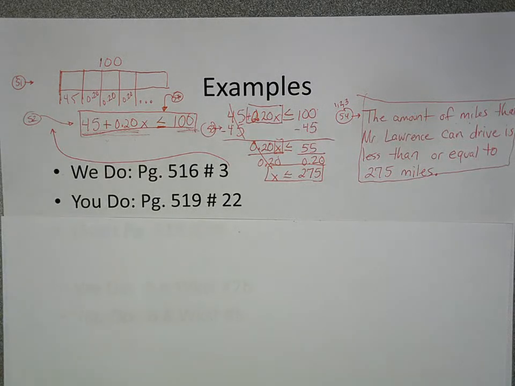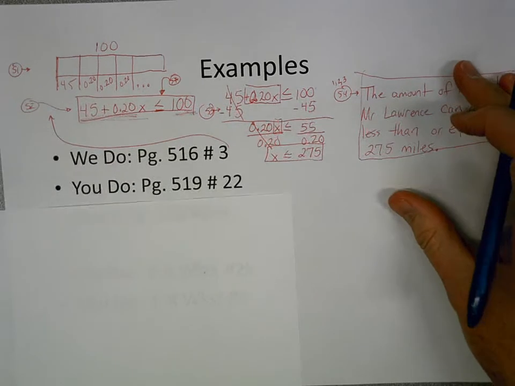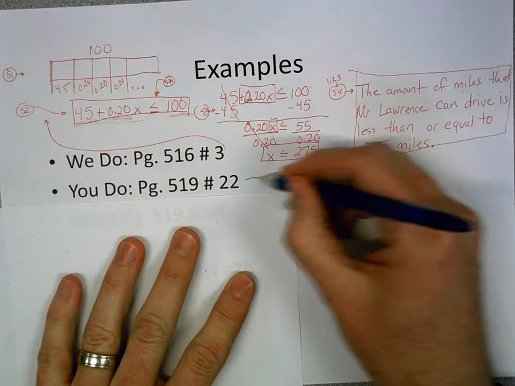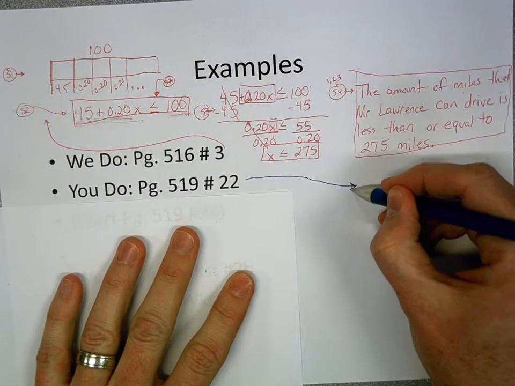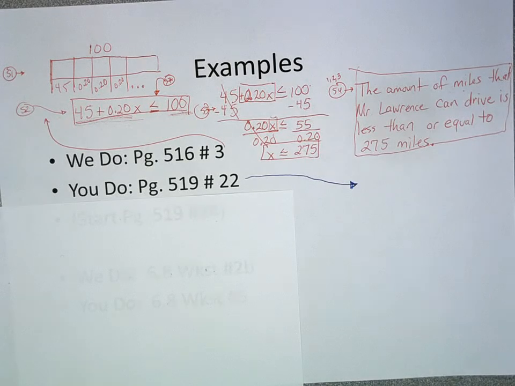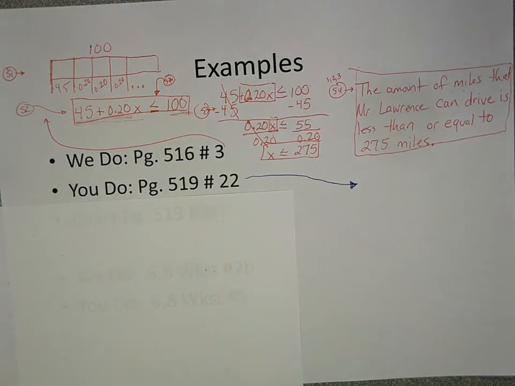All right, here we go. Let's take a look at problem 22. First off, I want to look for an inequality that you guys may have. All right, so let's check this out.